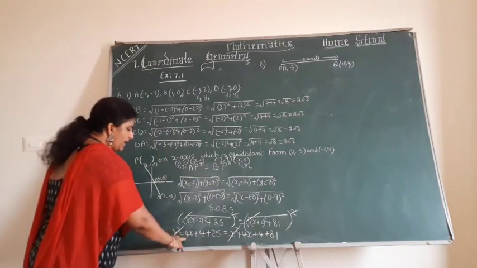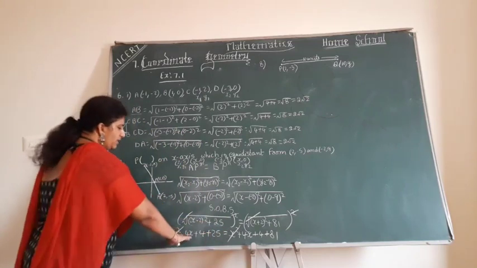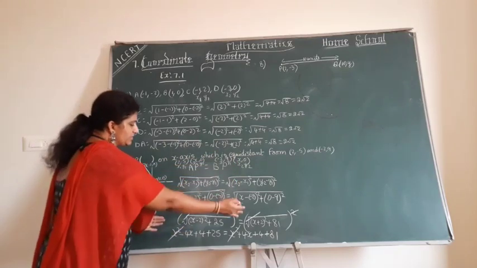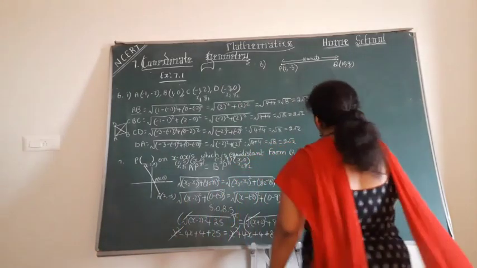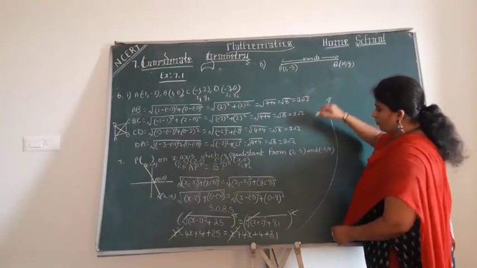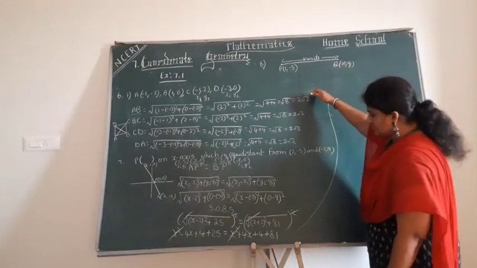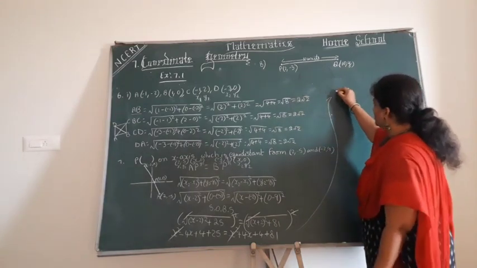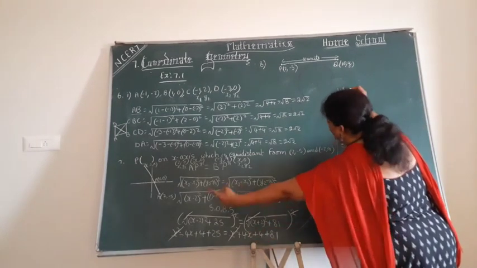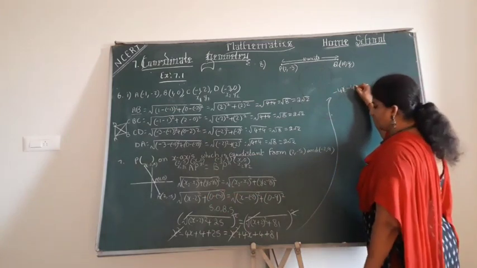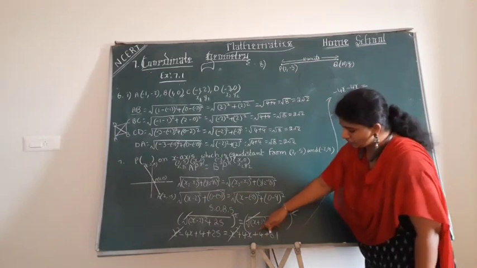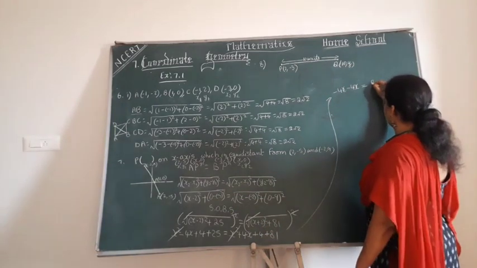So now minus 4x. Bring the equation to one side. Minus 4x, you can bring it to this side or that side, as you wish. Bring this one to the LHS. Then minus 4x is equal to 81 plus 4 will be 85.